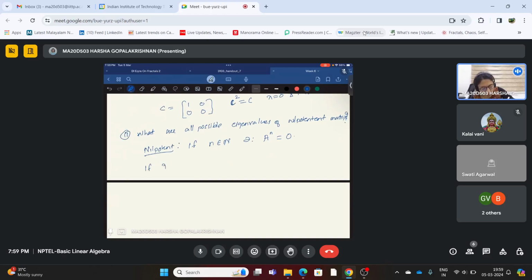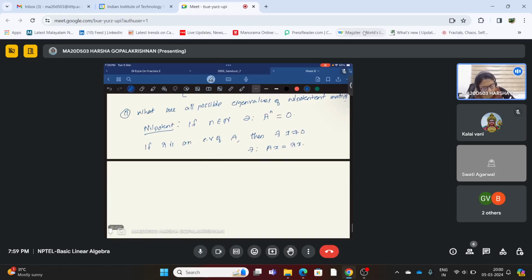So if lambda is an eigenvalue of A, then there exists a non-zero x such that Ax equals lambda x. Now what is A power n of x? The same way we can do the matrix multiplication: A power n minus 1 into Ax.